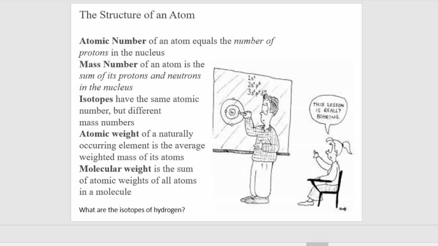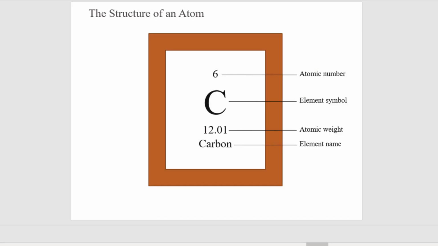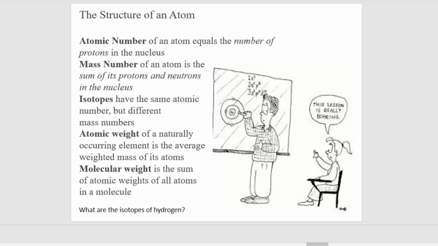Okay, just a quick review of some terms from Gen Chem. Atomic number is the number of protons in the nucleus for any given atom. And you see this above the elemental symbol on the periodic table. So that's a quick reference.